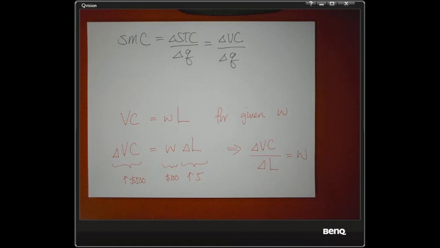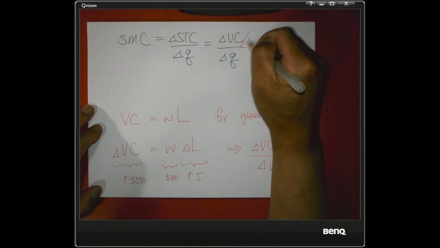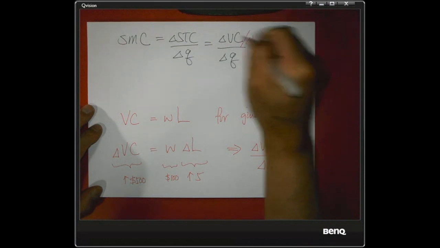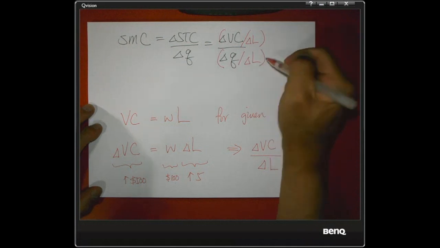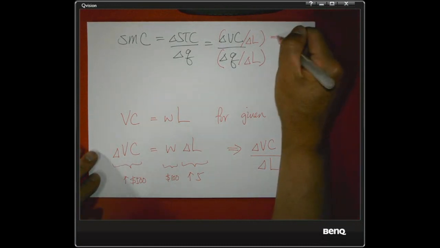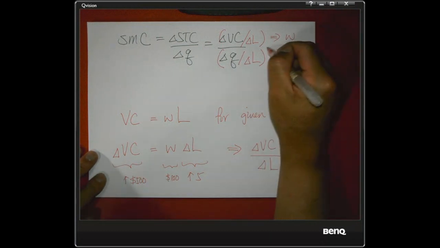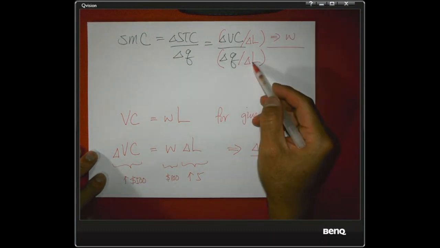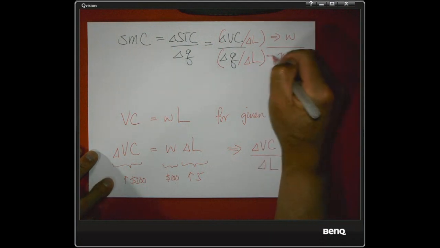And now, if we divide the numerator in here by the change in labor, and the denominator also by the change in labor, it doesn't change the expression. Then in the numerator, we have W. In the denominator, we learned that is the marginal product of labor.